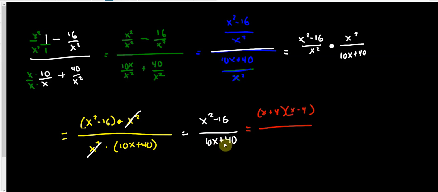This one doesn't look like it factors anywhere special, but it does have a greatest common factor. I can factor out a 10. And when I factor out a 10, I'll be left with x plus 4. Oh yeah, some does cancel out more. X plus 4 and x plus 4 are gone. And I have an even simpler expression left. X minus 4 divided by 10.